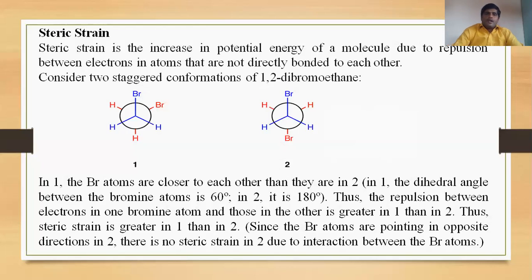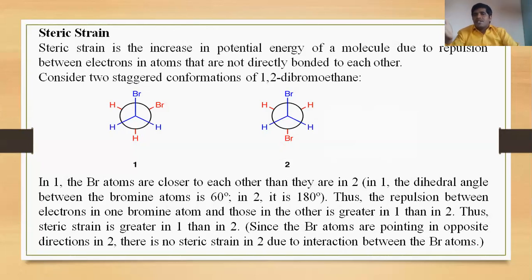First. Okay, good. In the first compound, there is the highest steric strain because they are closer to each other. That's why the steric hindrance is higher in that, so that will create much more steric strain. If you consider the second compound, the steric hindrance is lower because both bromines are far away from each other.